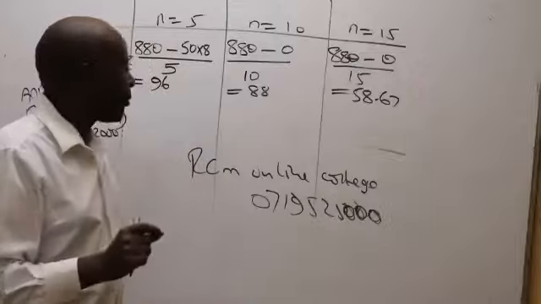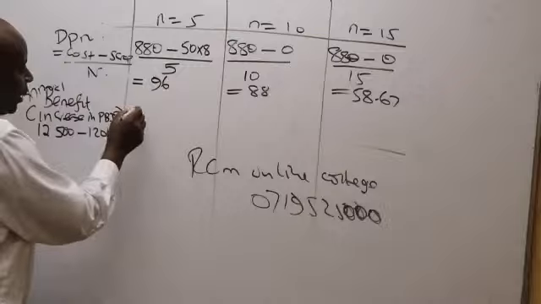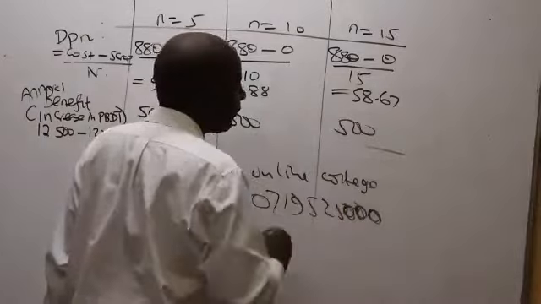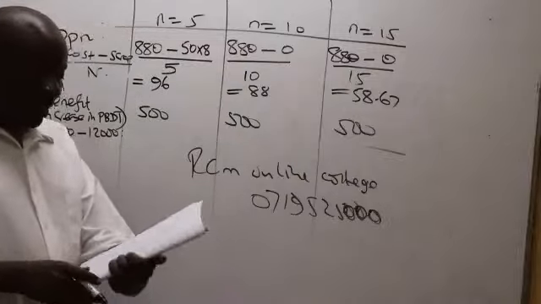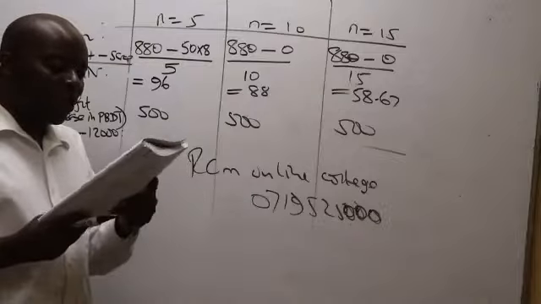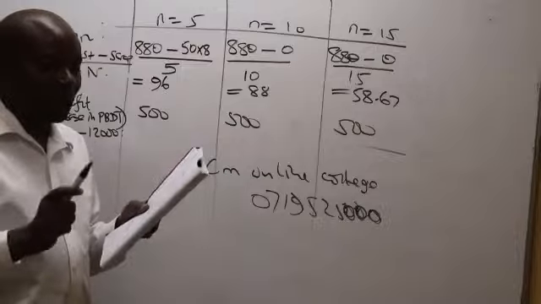So in terms of thousands, ladies and gentlemen, the annual benefit of bringing this will be 500. If you read the question very well, what they've told us is that installation cost for all the computers will amount to 80,000.